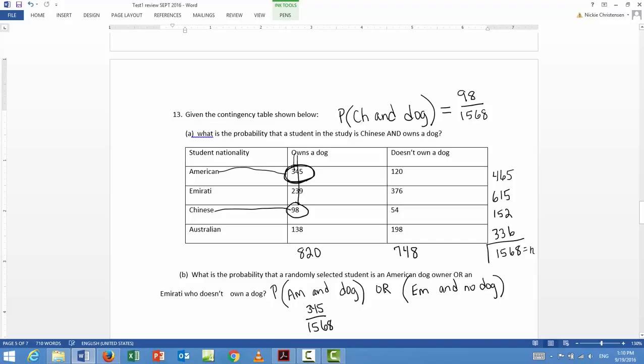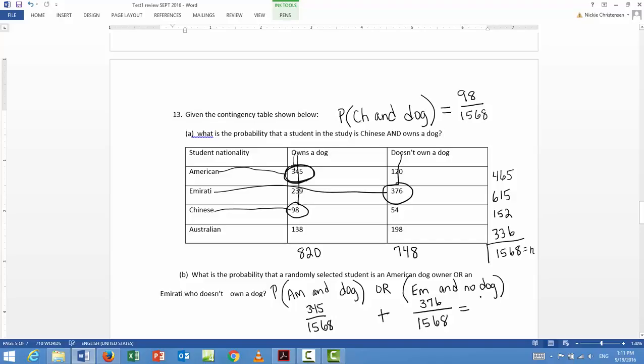1,568. Or means plus. Then the probability of Emirati who doesn't own a dog. So Emirati and no dog. Here's Emirati, and here's doesn't own a dog. So that's going to be our numerator, 376, and our denominator will be 1,568.